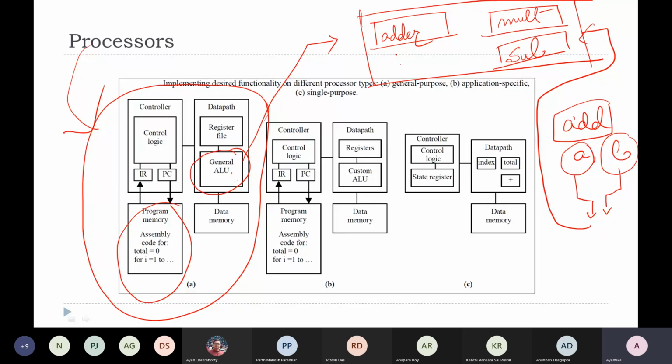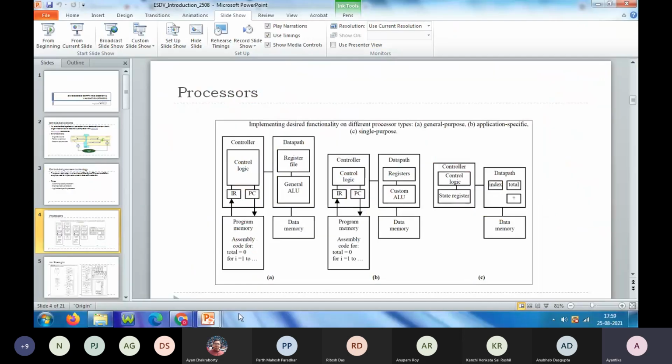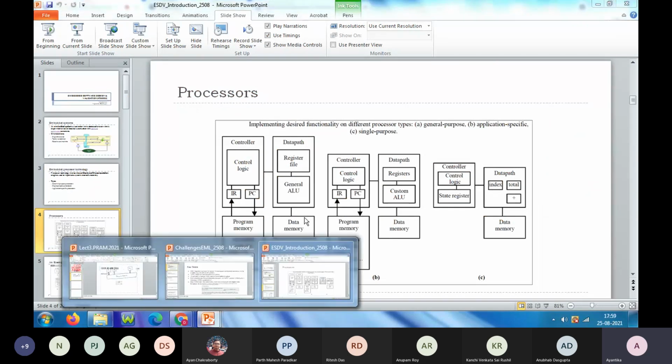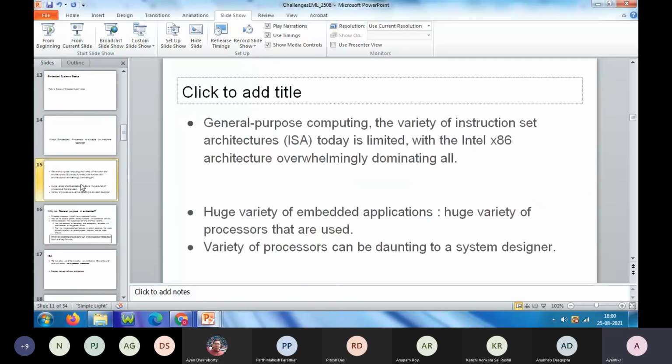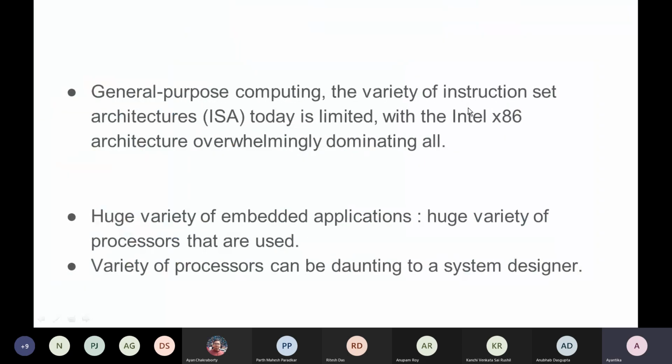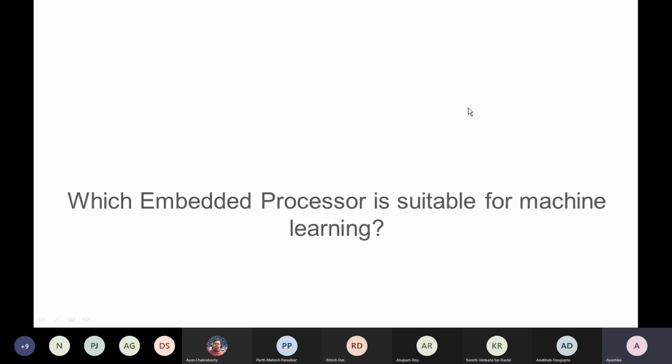So how this mapping takes place, you can go through that lecture, but now I want to give you one important concept. So you can come back here. Here we are answering the question: which embedded processor is suitable for machine learning?